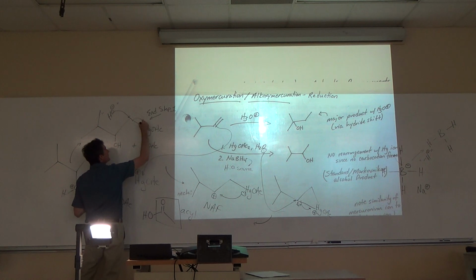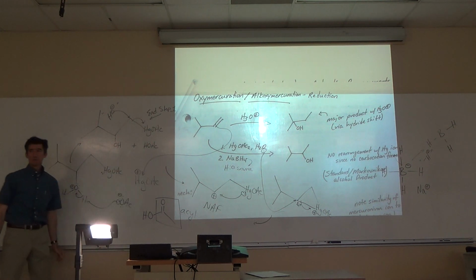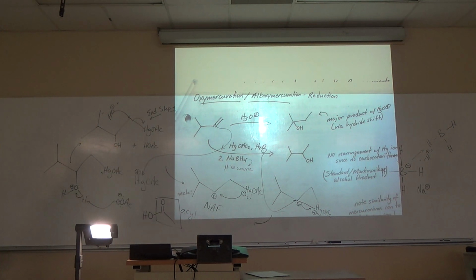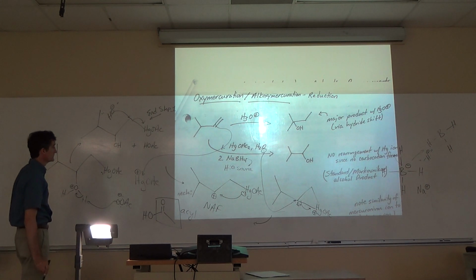And kick these off, like a leaving group. What does that give? The product. I guess final product. You're going to have an H there in place of... That's it. Final product.